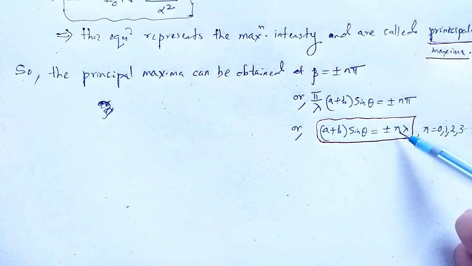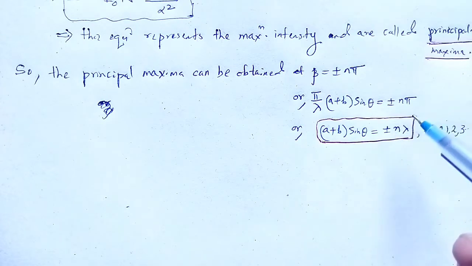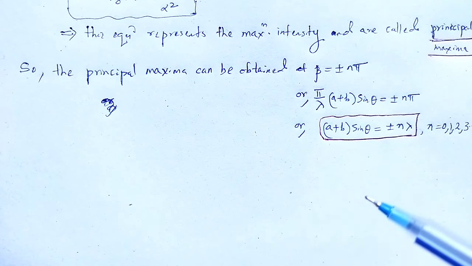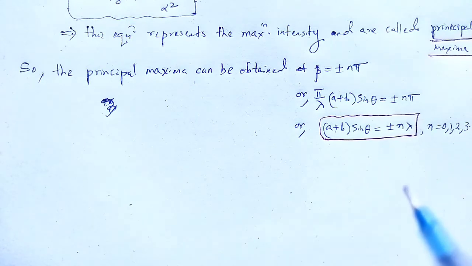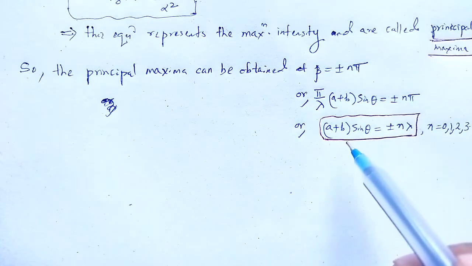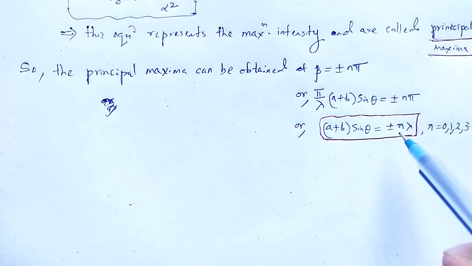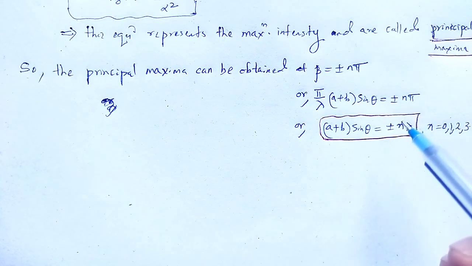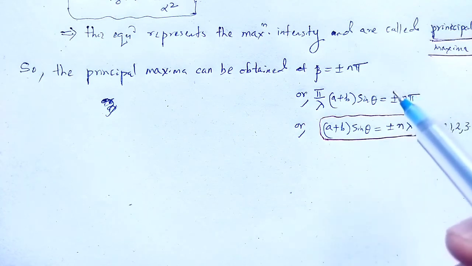For n is equal to 0, that is the zero order maximum. For n is equal to 1, 2, 3, we get the first, second and third principal maxima. The plus and minus sign indicate that there are two principal maxima for each order, on either side. Look at that particular expression. It does not contain capital N, the number of slits.